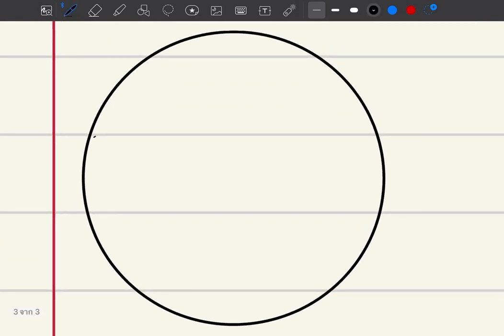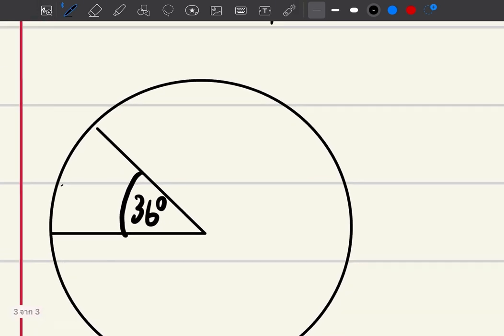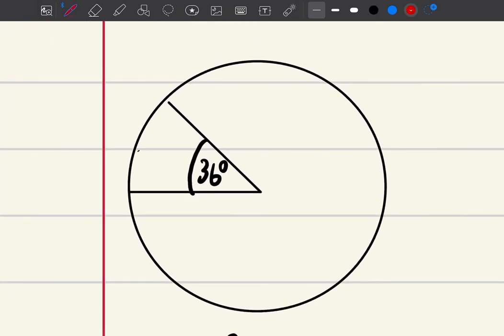So in this case, the red is approximately like this. This is the angle for the red.